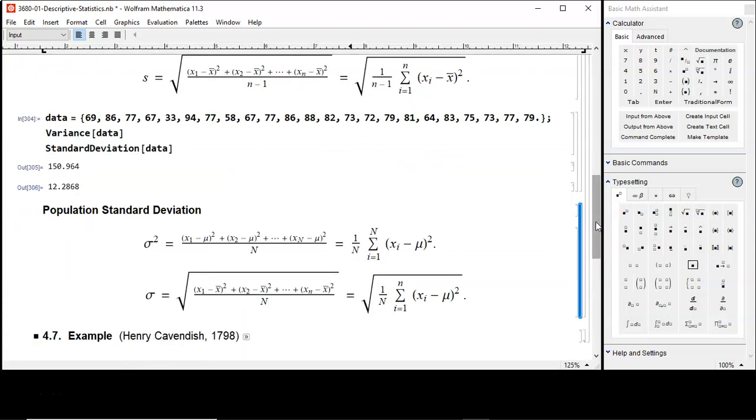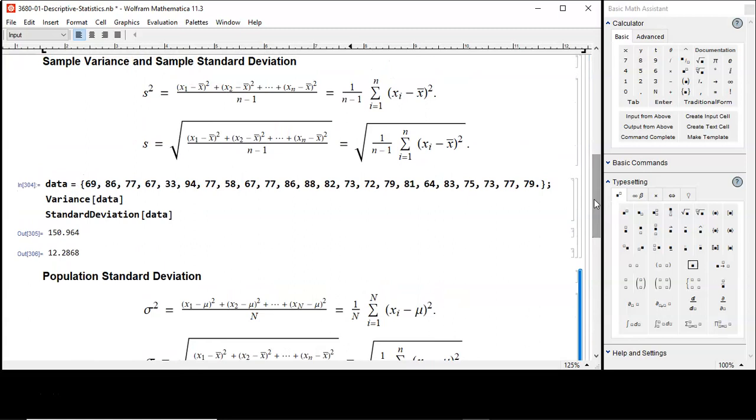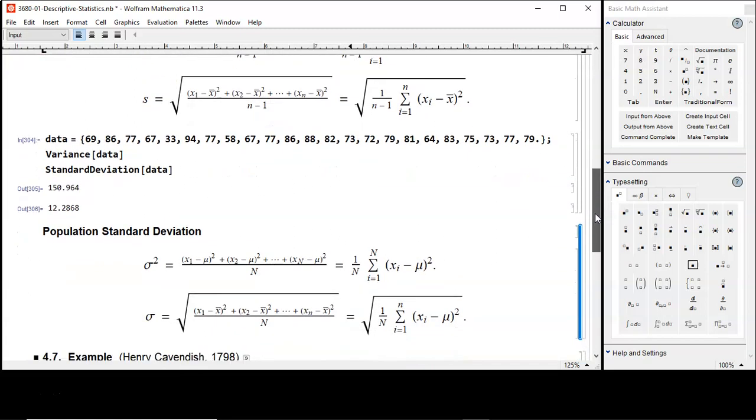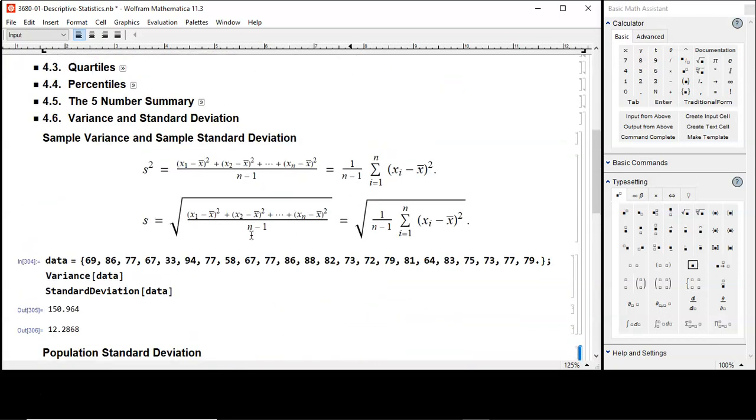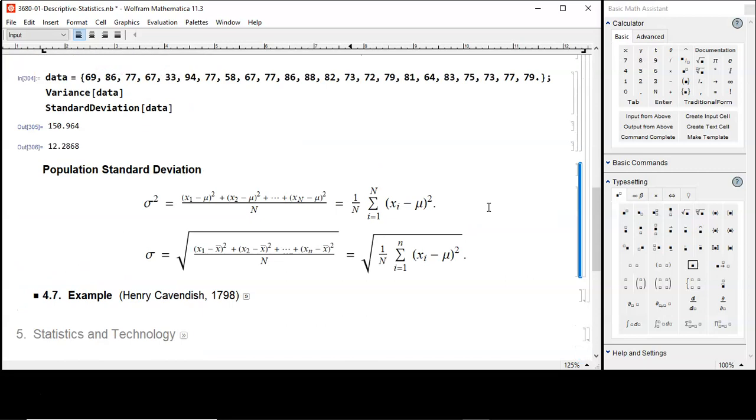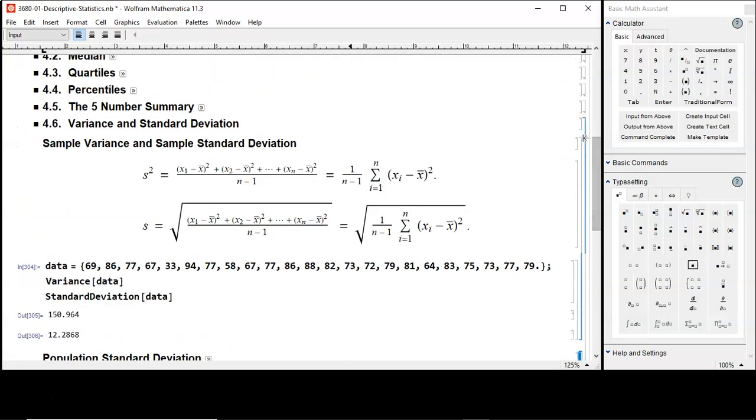And that is how spread out those things are for the population itself. But in practice, it's nearly impossible to calculate because this capital N value will be really humongous. But here, there's no n minus 1. For sample variance, there is n minus 1. And what they do, the same thing.